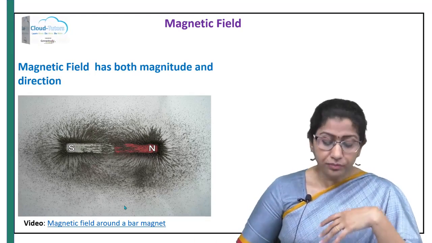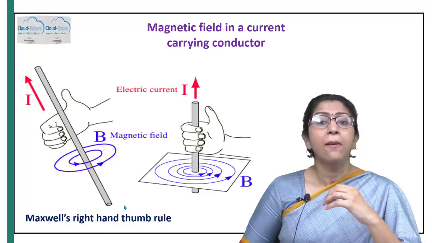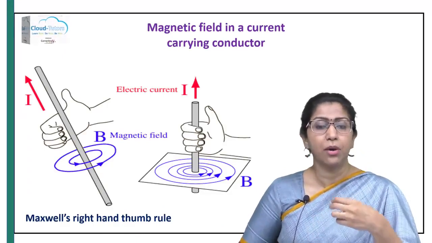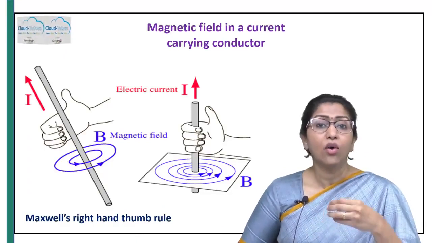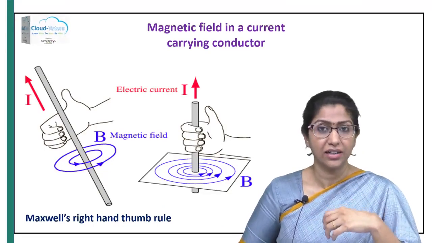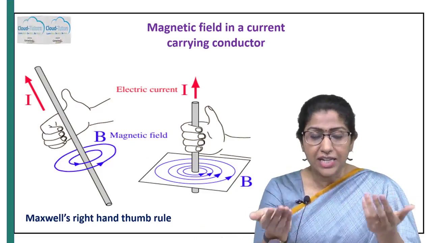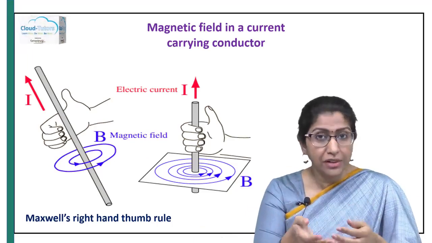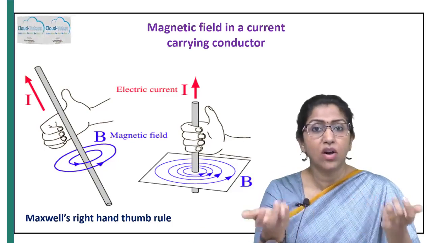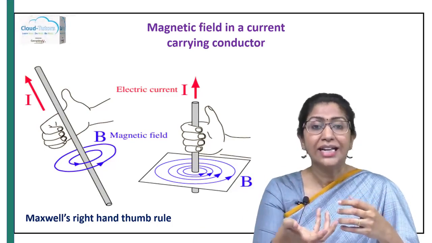Now that we have understood how a magnet works and what a magnetic field is, and the properties of magnetic field lines, we also looked at the magnetic effect of electric current. As we saw in the experiment videos, and in one of the simple experiments we did, the magnetic needle actually deviated.